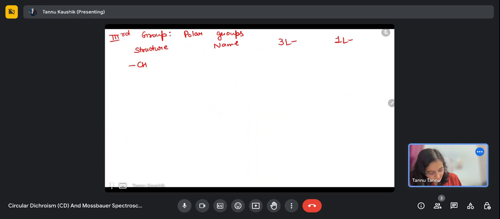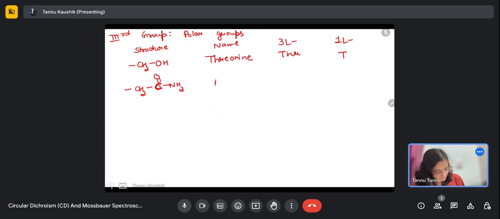First is CH2OH, and its name is threonine. Then asparagine.